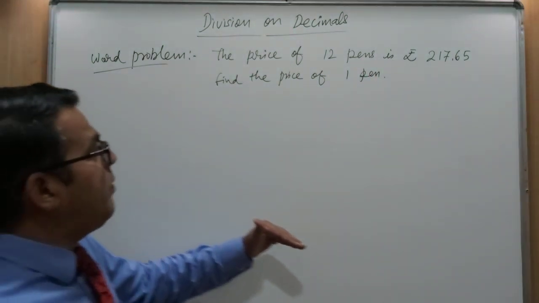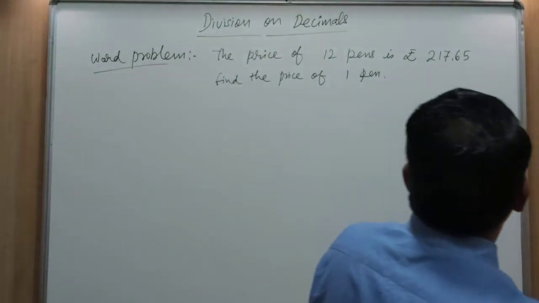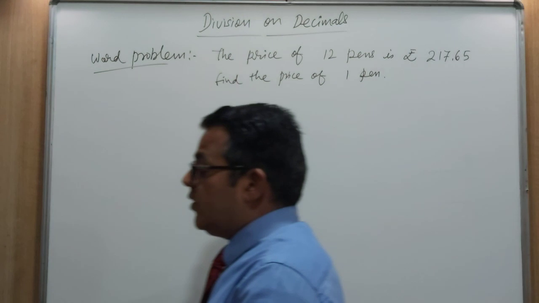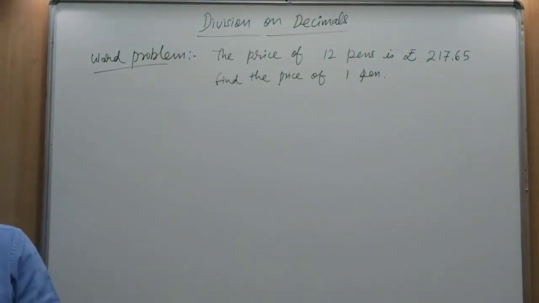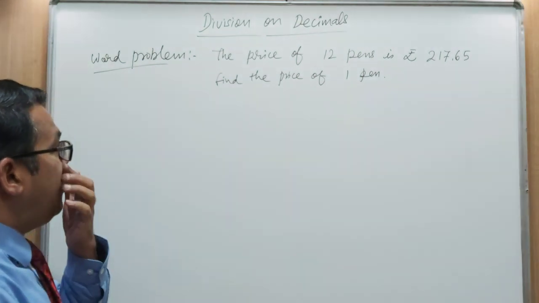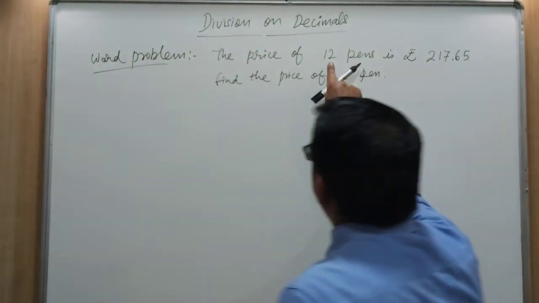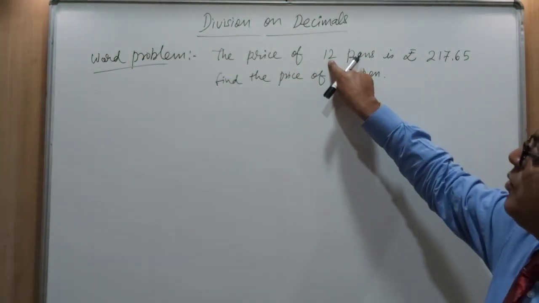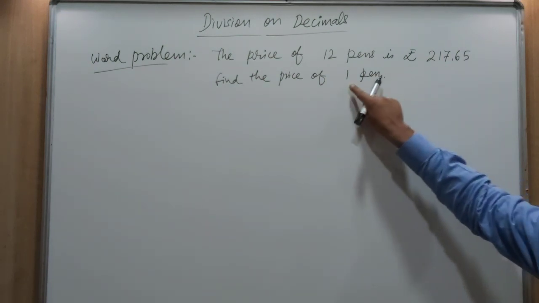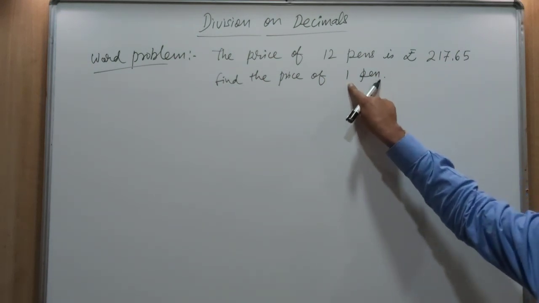So the price of 12 pens is given. It is 217 rupees and 65 paise. And what is the price of 1 pen? Right? How can we solve it? So you can see 12 is given there. Cost or price of 12 pens is given, and we need to find the cost or price of 1 pen.